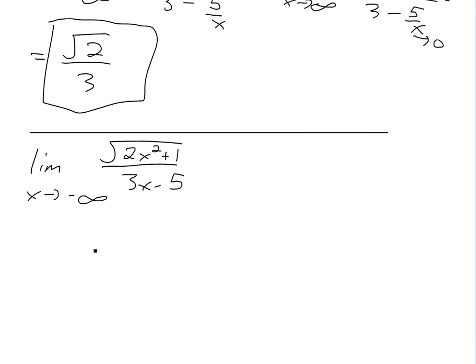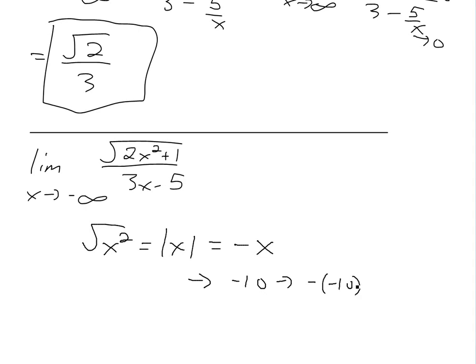But it doesn't in this case, because the square root of x squared equals the absolute value of x, and if all your x values are negative, we're approaching negative infinity, so we're going to have negative x right here. For example, if you have negative 10, the absolute value of it is positive 10, so we have to have a negative for this case.